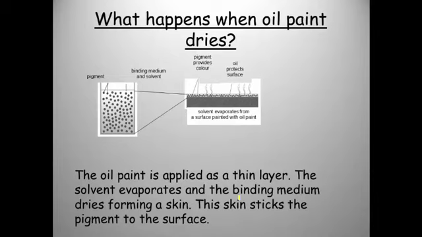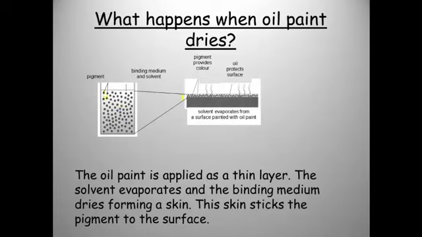Now, there are two kinds of paints I'm going to teach you about. There are oil-based paints and there are emulsions. This is an oil-based paint, and you can see from this diagram that the pigment is obviously the colour bits in the paint. And you've got a binding medium and a solvent in there.